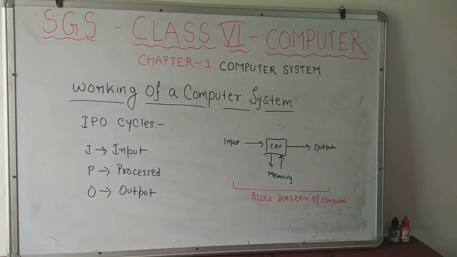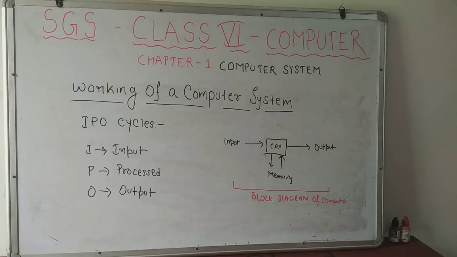Also, computer runs on electricity, which has two states. One state is called off and the other state is called on. It means computer can understand only two languages: one is called 0 and the other is called 1. 0 represents the off state, whereas 1 represents the on state.